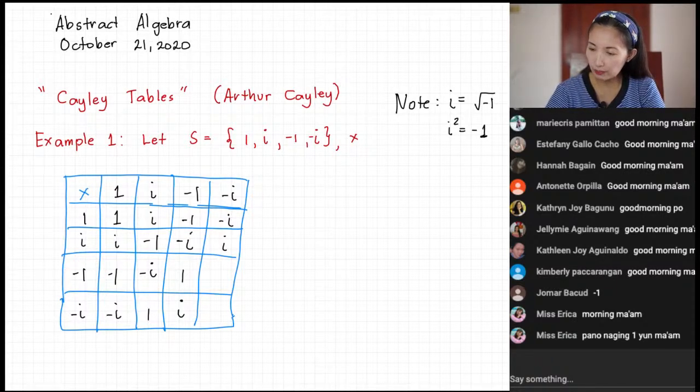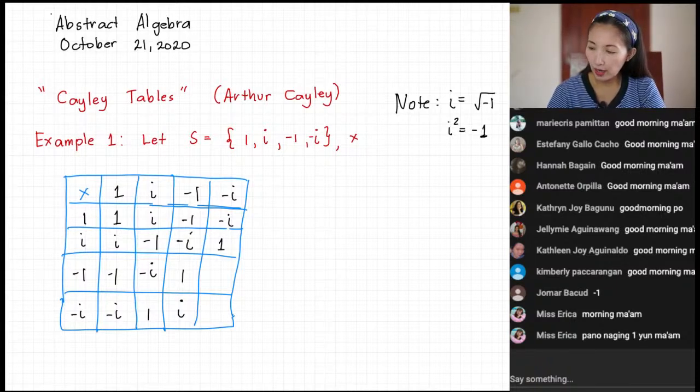We skipped one cell. Okay, may I erase this first? What should this be? I times negative I, the negative of negative 1 is positive 1. Okay, positive 1.